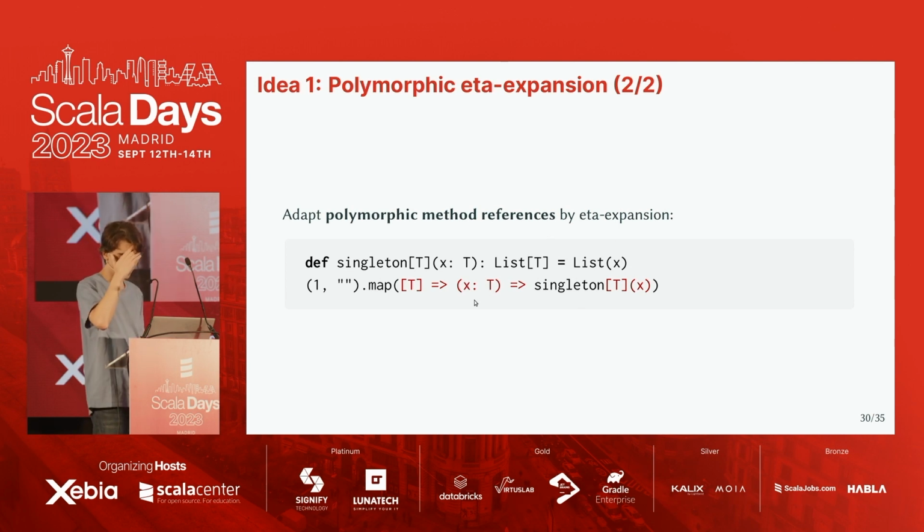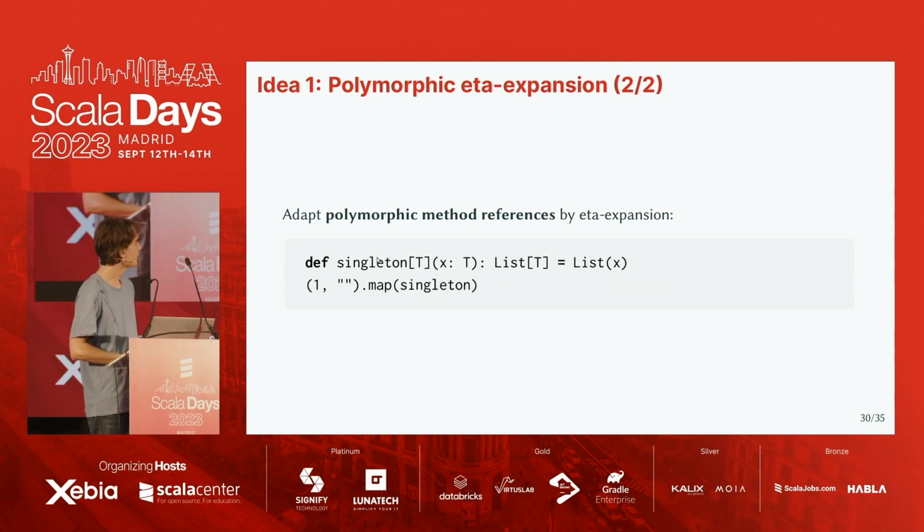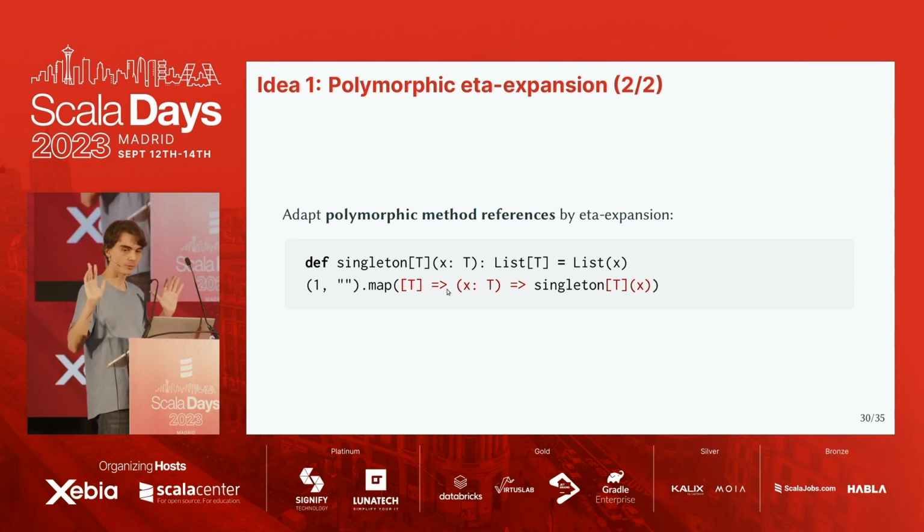The way it works as specified is you realize that this thing is polymorphic, and map takes something polymorphic, and then you add term and type parameters, and you apply them in the exact order they were declared. So short and simple.